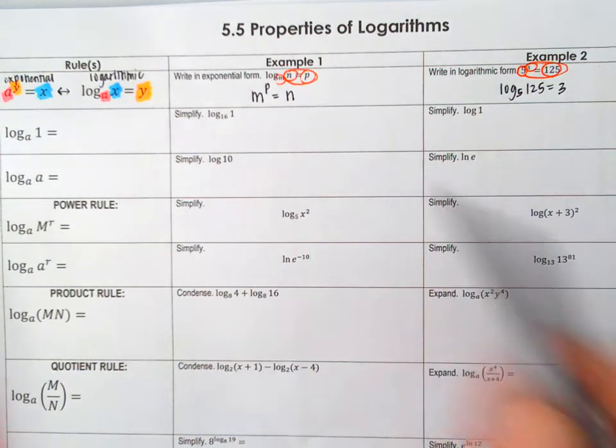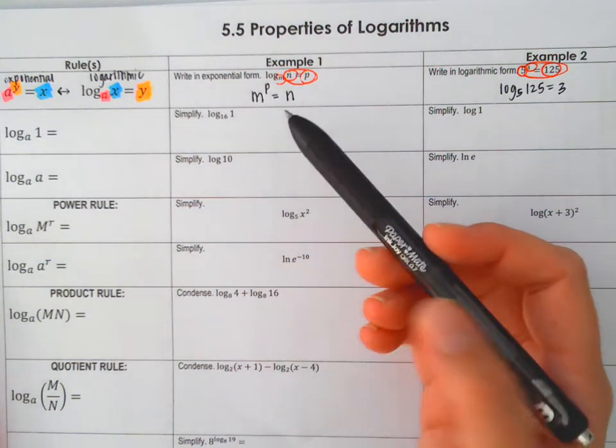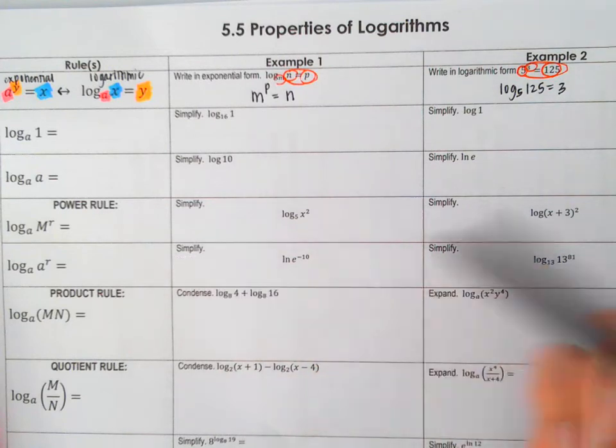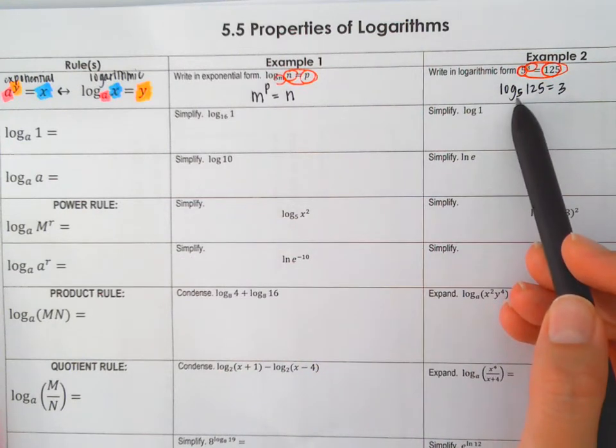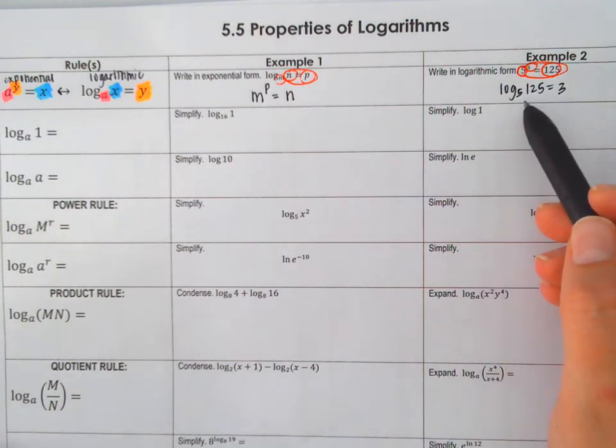And when you're typing these into your homework for your answers, when you need to write a base, there's a button next to the exponent, because that's a superscript. There's a button for a subscript next to it, and that will allow you to do a base.